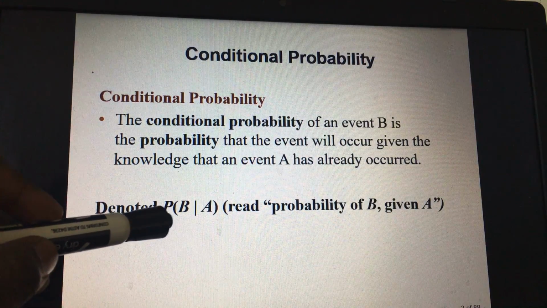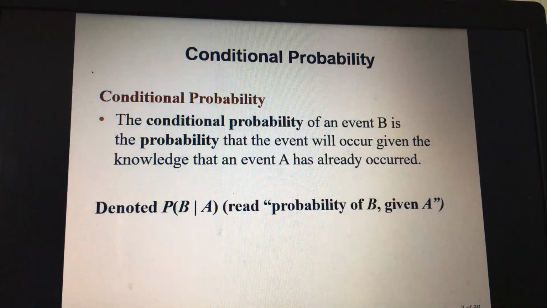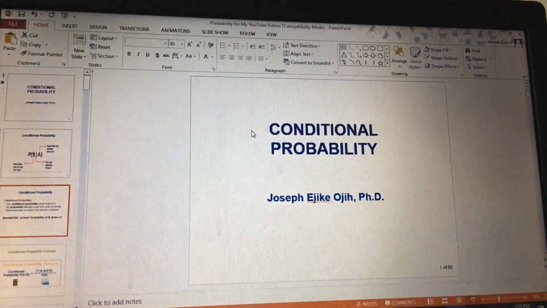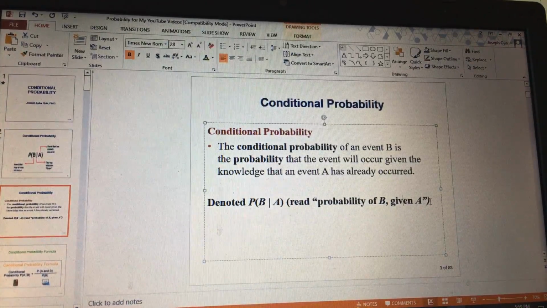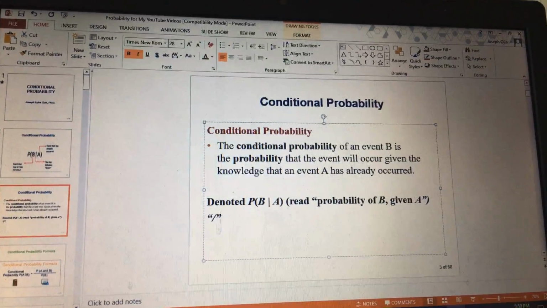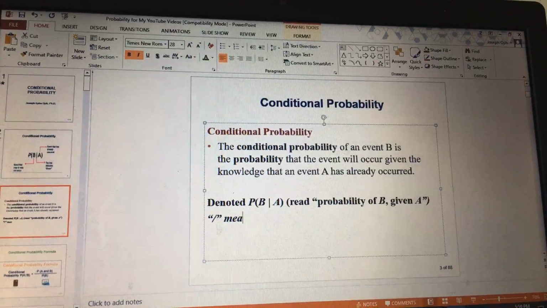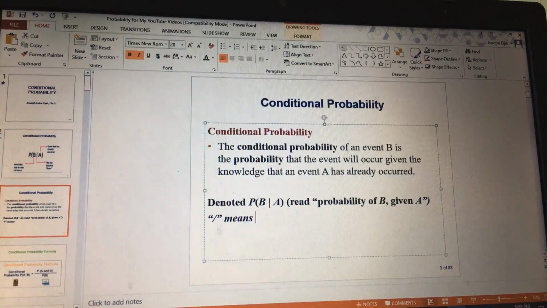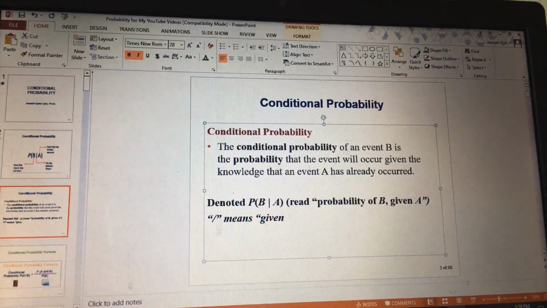So this is how we write it here. The probability of B, this slash here means given that. Let me write it so you can see what I mean. See the slash here, this line here, means given that.